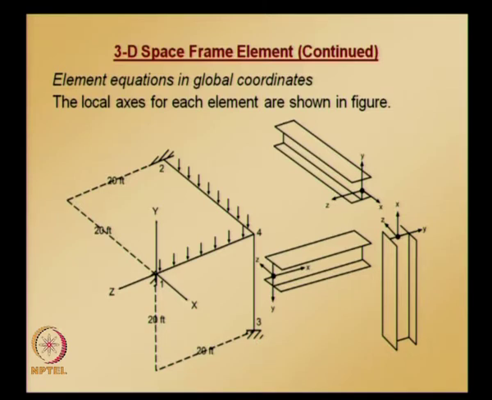And please note that element 1 is oriented along a vector going from node 1 to 4, element 2 is oriented along a vector going from node 2 to node 4, and element 3 is oriented along a vector going from node 3 to node 4. So, we just identified the points which are going to act as the third node for each of these members. We can put this in a table.